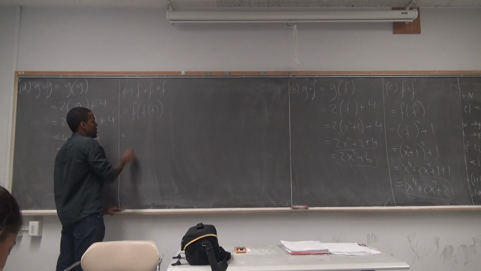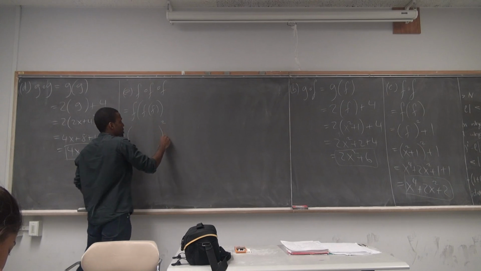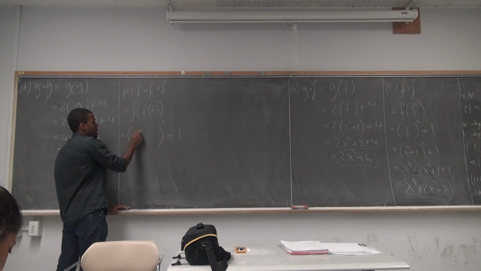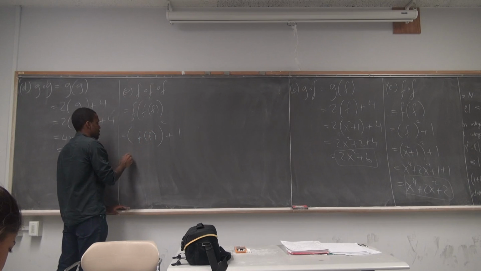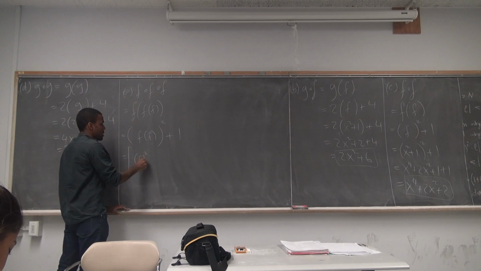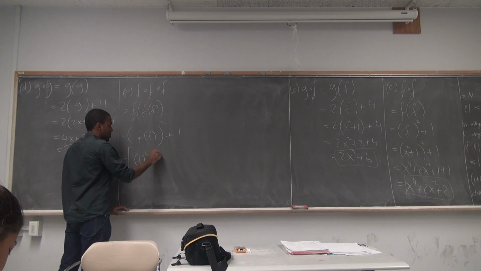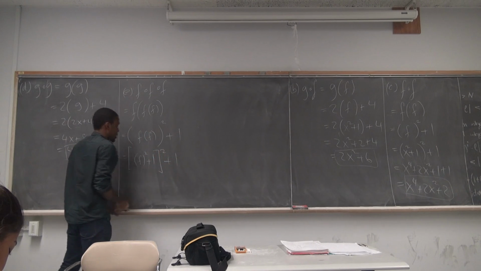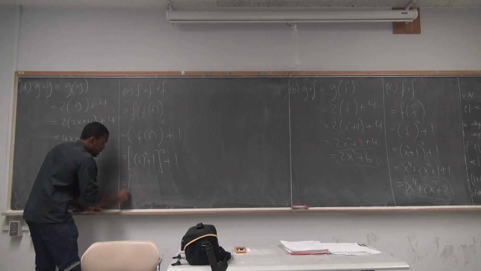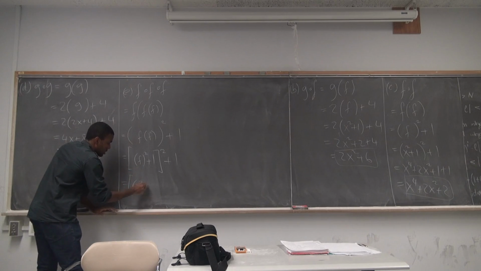Now f says what? You're going to take the input, you're going to square it, and then you're going to add 1. But the input in this case is f of f. Now f says you take the input, you square it, you add 1. And f itself says you take the input, you square it, you add 1.